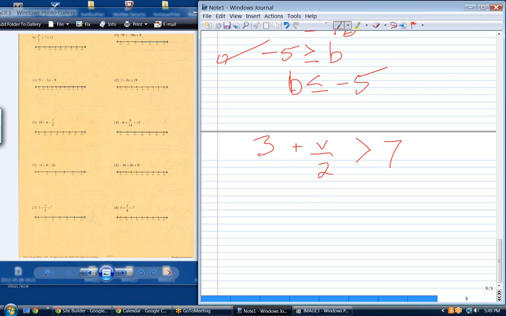Oh, okay, so it'd be 7 minus 3, which is 4. So now it would be v over 2 is greater than 4. And now it would be v is greater than 8. So we'd start at 8, and then we would go right.